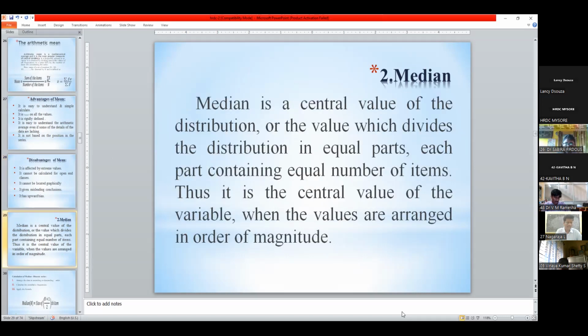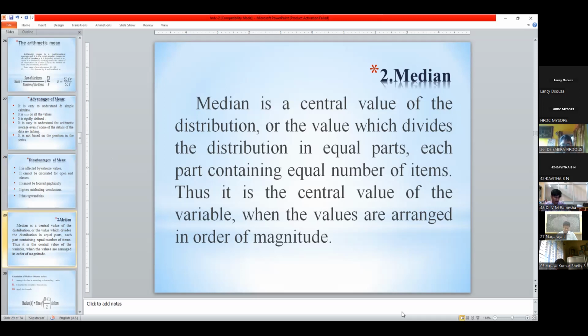Then go for the median as the second measure of central tendency. Median, as I said, is the exact central value. That means if you calculate a median, 50% of the cases are above that point and 50% of the cases are below that point.